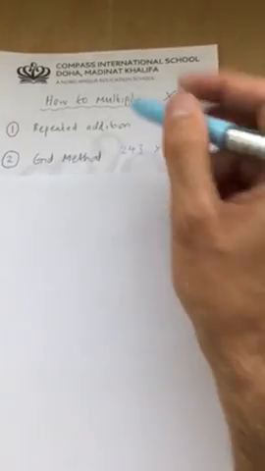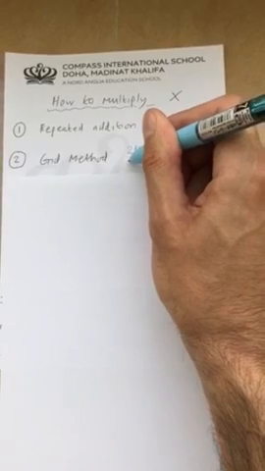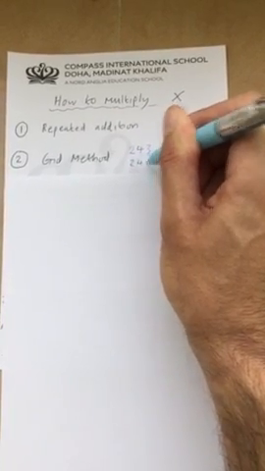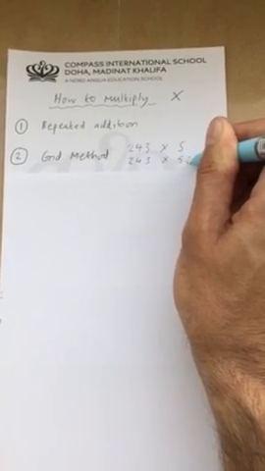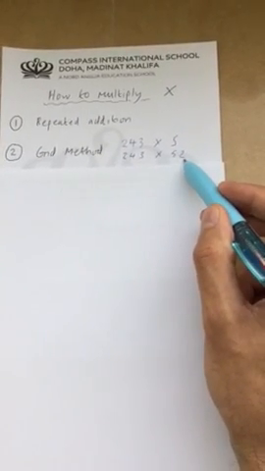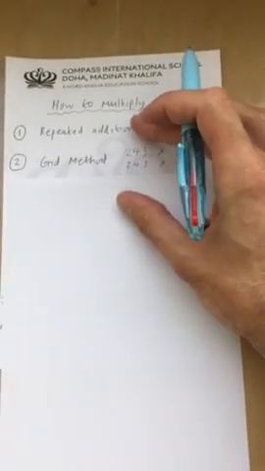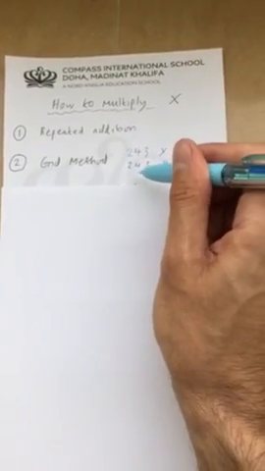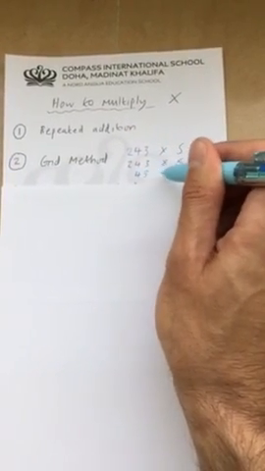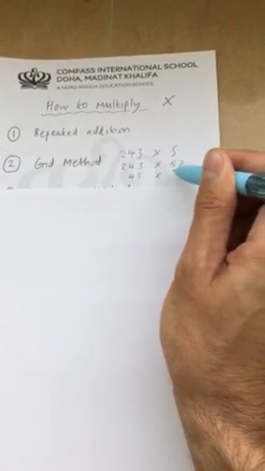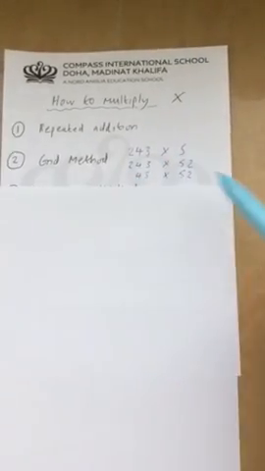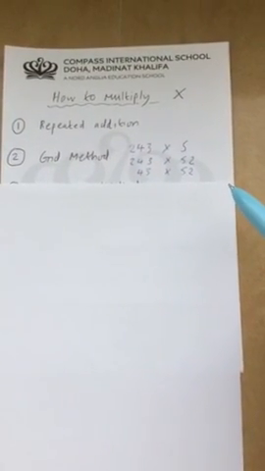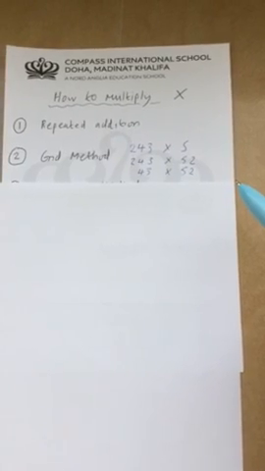And it's also good when you've got, let's say, 243 times a 2-digit number, like 52. And also, of course, if you had just a number which is 2 digits on this side times 2 digits on this side. So this works for all different types of maths multiplication sums.